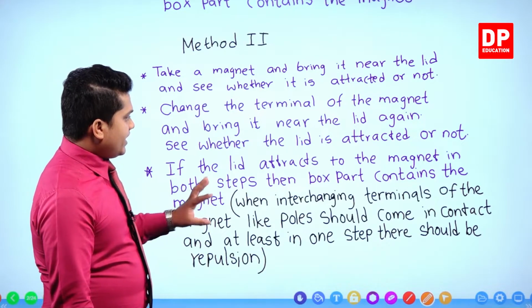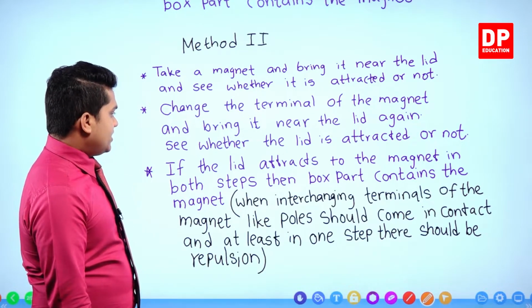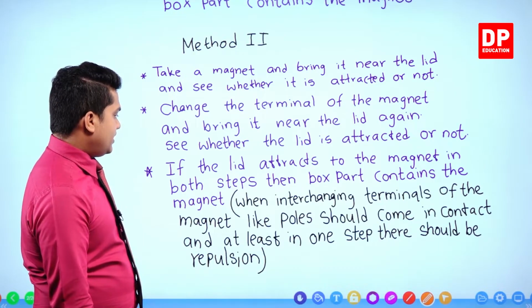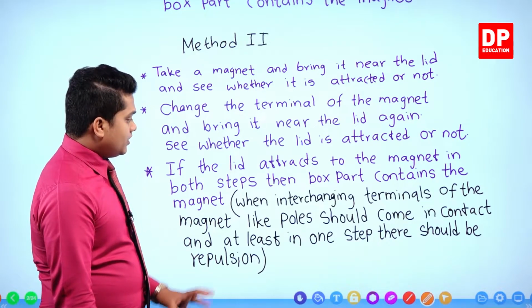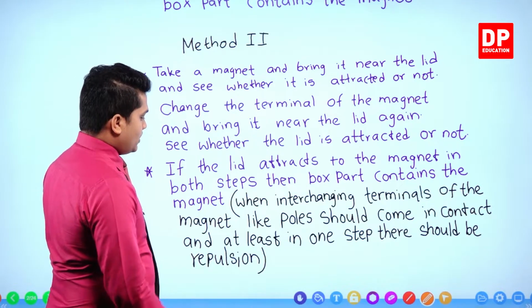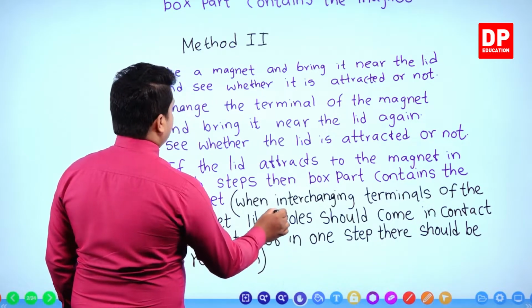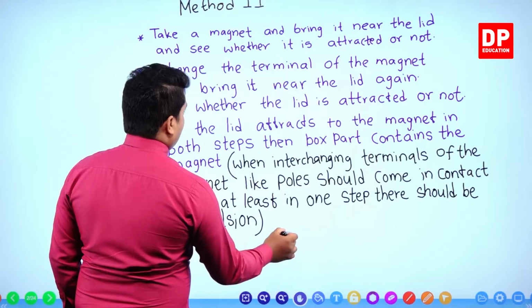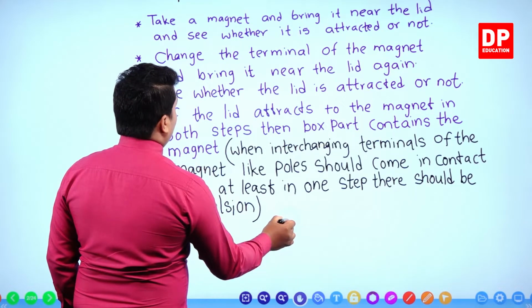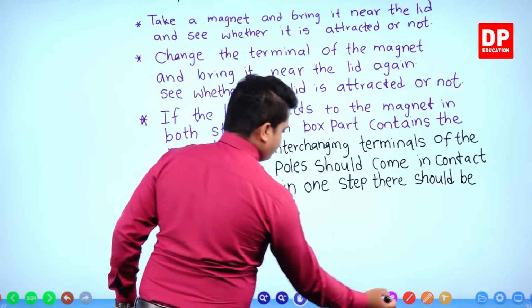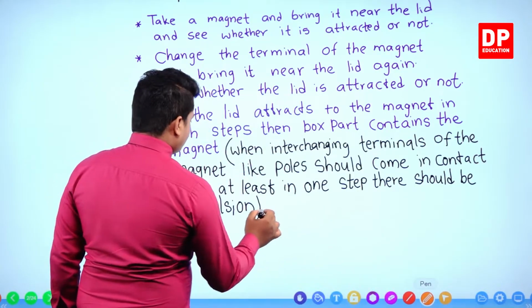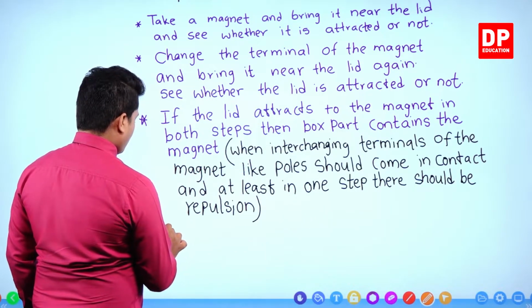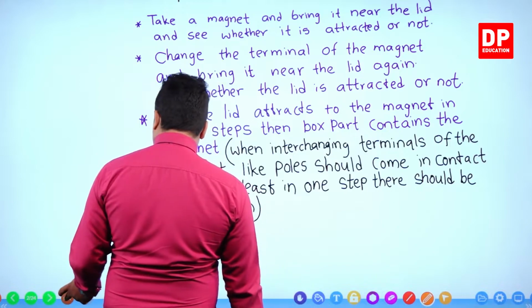So if the lid attracts to the magnet in both steps, then box part contains the magnet. Then in the next step I can write once again. If not, I'll use the same blue color one.